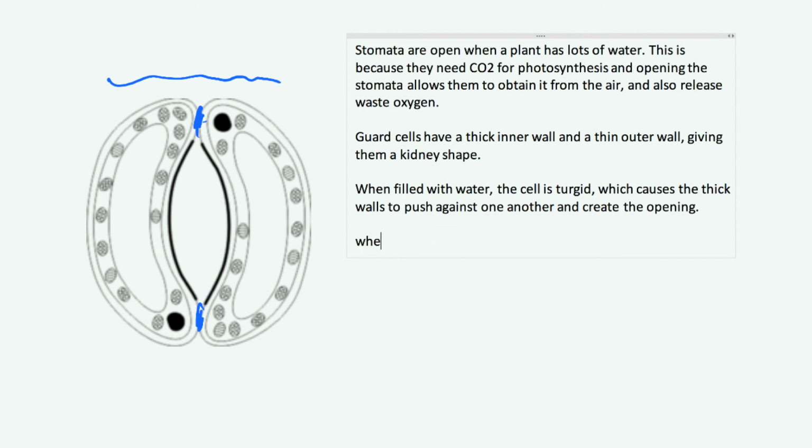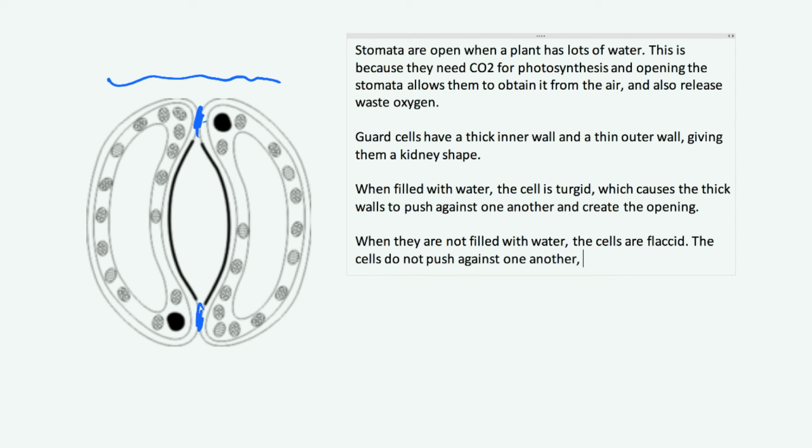However, when they are not filled with water, so this is when the plant doesn't have too much water, the cells are flaccid. Yep. The cells do not push against one another, and therefore the gap closes, right?